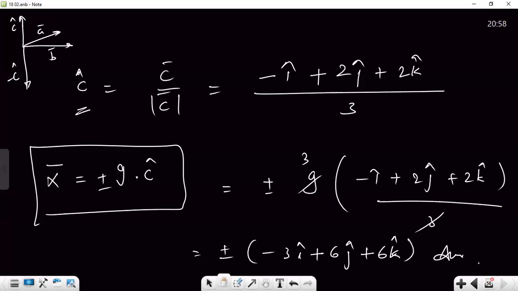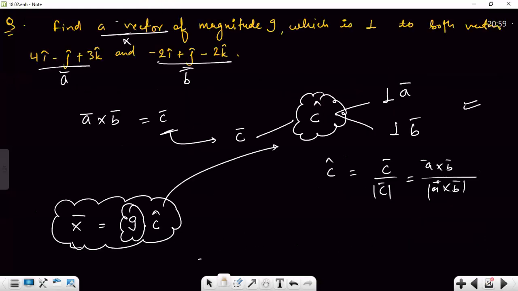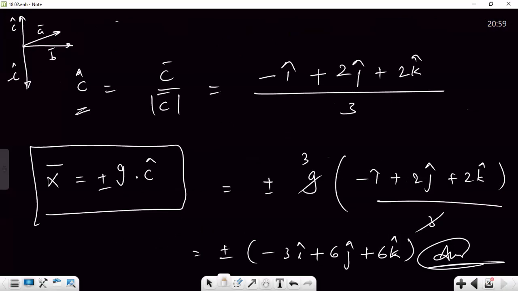Our answer. See how smartly we have used the direction from the cross product and the magnitude was given to us. Let's move to the next question.